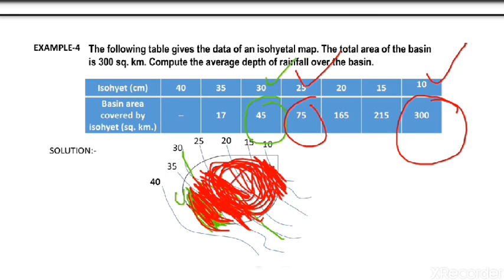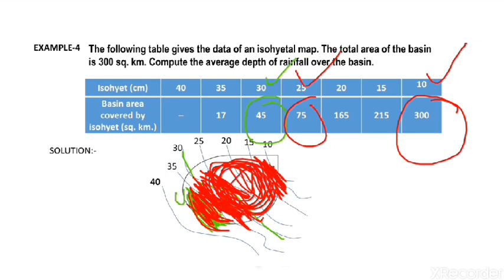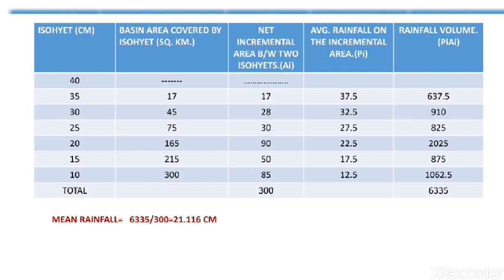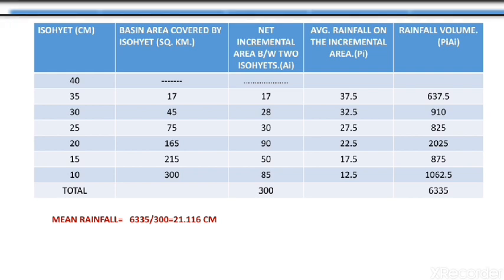Okay, so I have solved it in tabular form. In the table there are a total of 5 columns. In the first column I have written the value of isohyet in centimeter, which are given in my question, 40, 35, 30 up to 10.